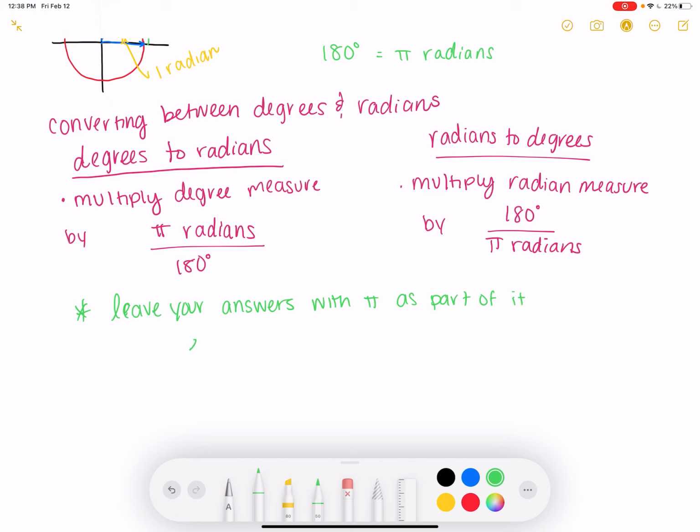Okay, so for example, 3 pi over 4. Okay, don't multiply the pi through. And again, there's one more thing we'll have to go over with this section.